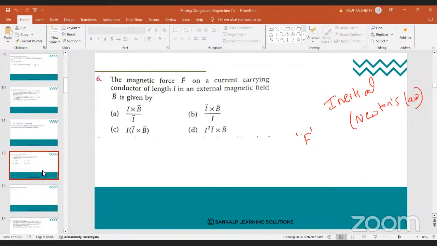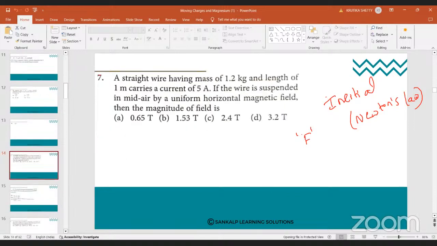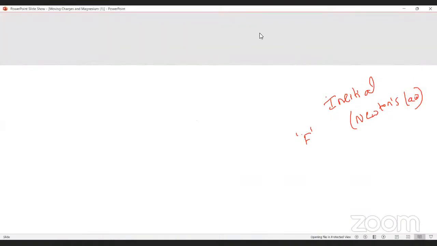Yes, it is the correct answer. So the magnetic force F on a current carrying conductor is given by I into bracket L cross B. Option C is the correct answer. Go for the next question.